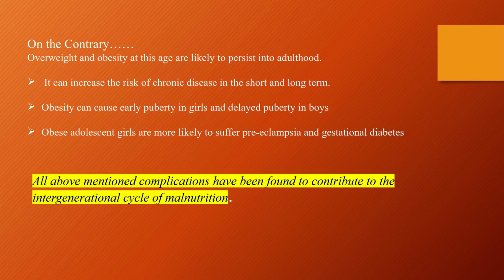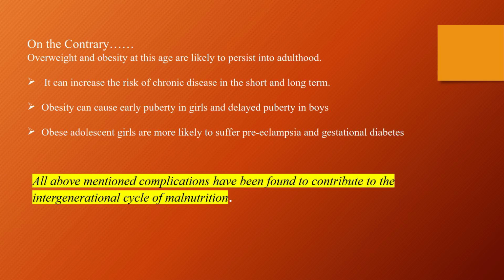An obese girl who has conceived may suffer from preeclampsia, or may find herself with gestational diabetes. So, all the above-mentioned complications contribute to the intergenerational cycle of malnutrition.